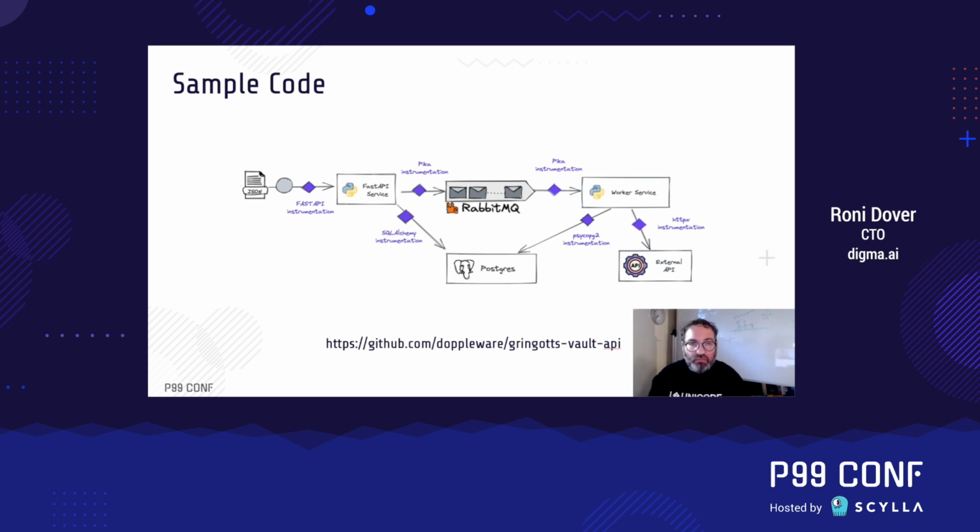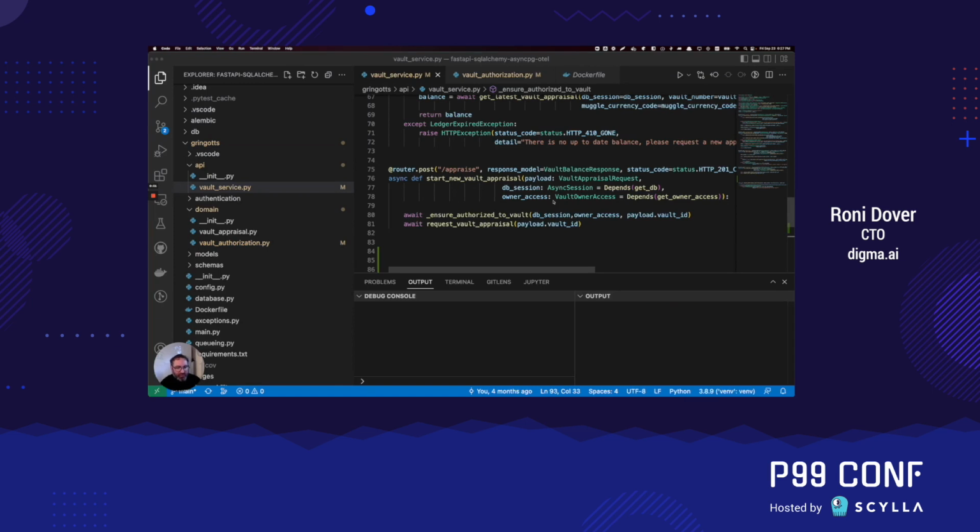Let's take a look. As a prerequisite, I did some boilerplate around OTel that I'm not going to get into, but now I'm ready to explore how I can actually visualize my code. I have here an API. This is a FastAPI application, by the way.